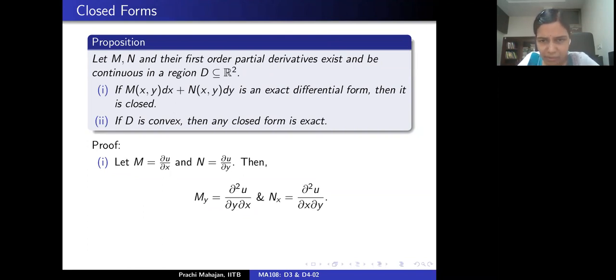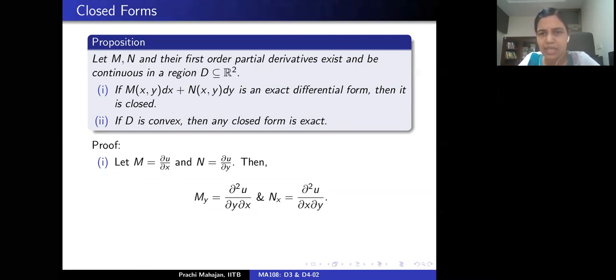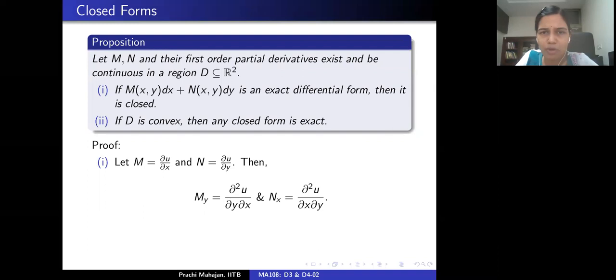And for the partial derivative of n with respect to x, you differentiate u with respect to y first and then with respect to x. Now, what does a closed differential form demand? The closed differential form m dx plus n dy demands that m_y equals n_x, the partial of m with respect to y equals the partial of n with respect to x.